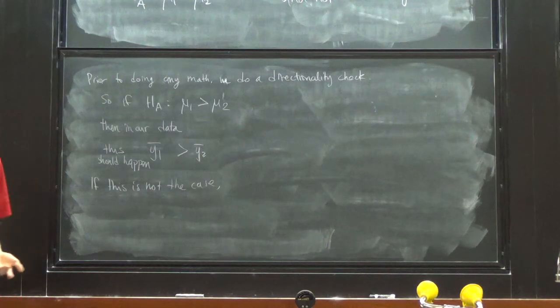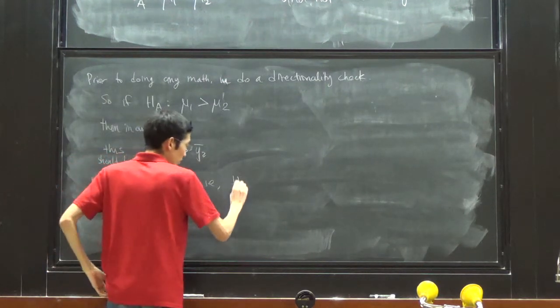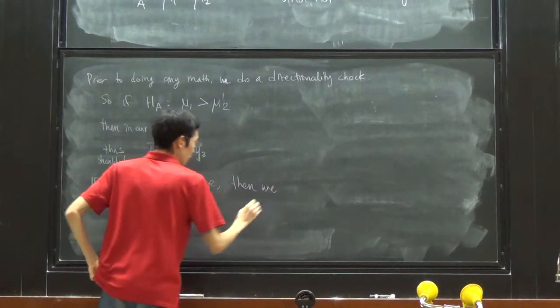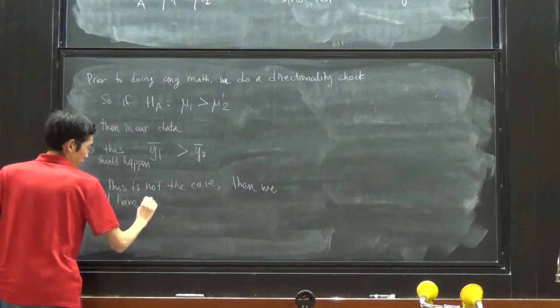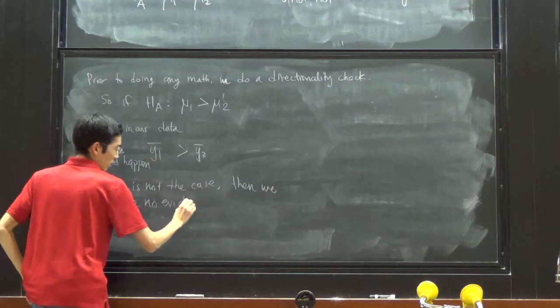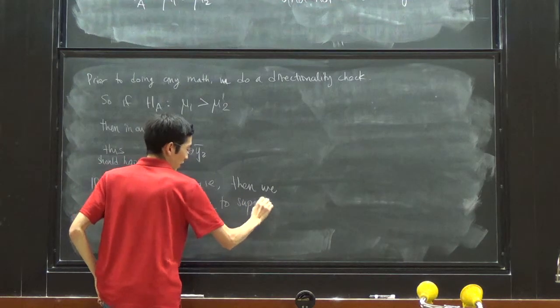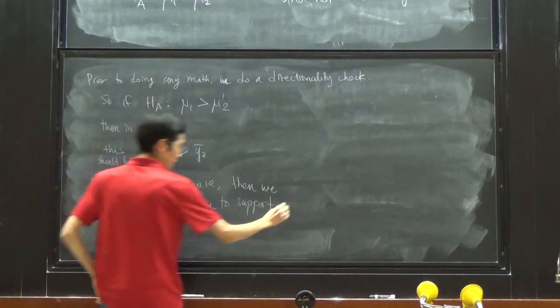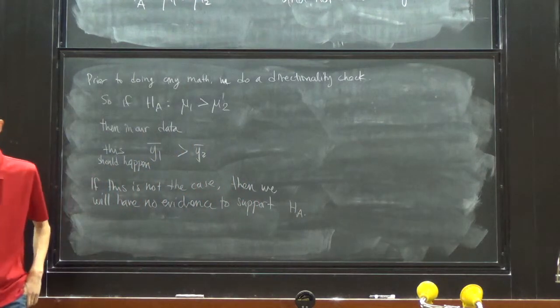We're not using our data to support the null, we're using our data to see if we can support the alternative and reject the null. So if this is not the case, then we will have no evidence to support the alternative.